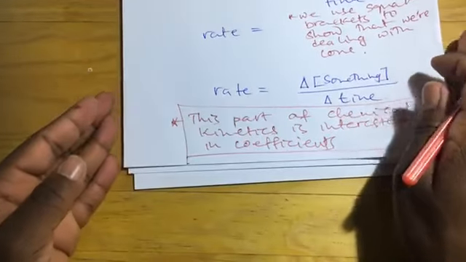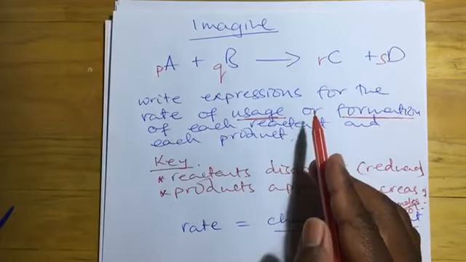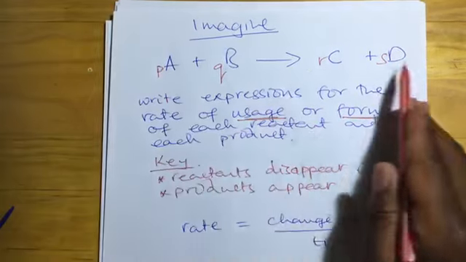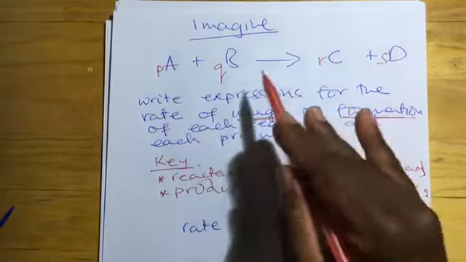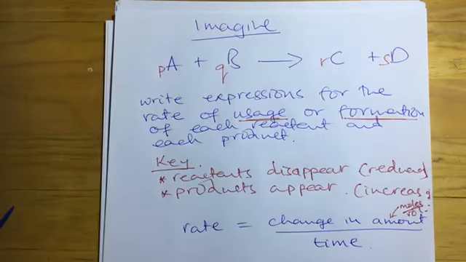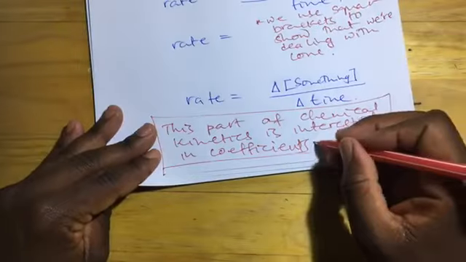And I want you to look at the question properly. They're not asking you to write the rate law. If they ask you to write the rate law, we are not interested in coefficients. But a general rate expression is interested in coefficients. I'll emphasize that when we reach that point. So this part is interested in coefficients, right?